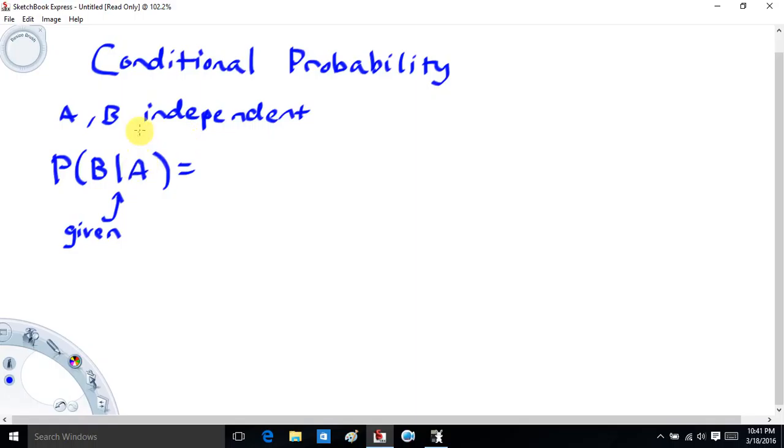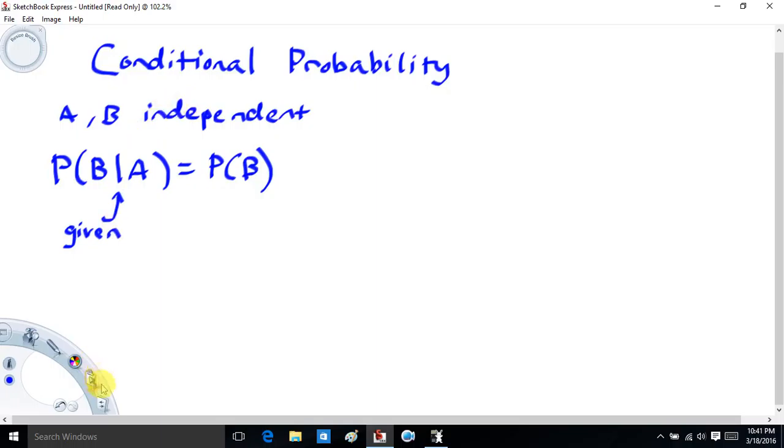Since A and B are independent, given that A occurs has no effect on the probability of B. So if two events are independent, the probability of B, given that A occurs, is just the probability of B.